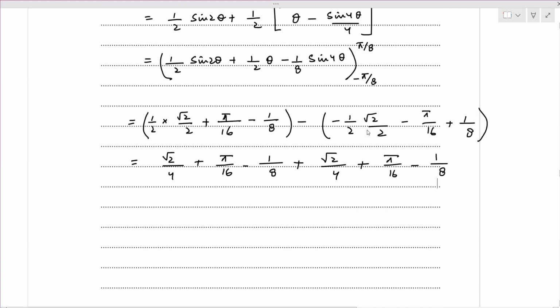So now the final answer will be root 2 over 2 plus pi/8 minus 1/4. This will be the final result of the question.